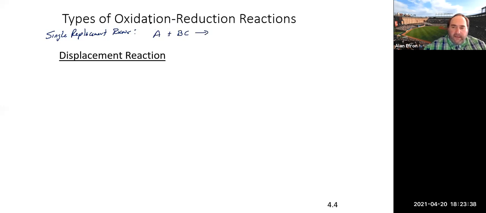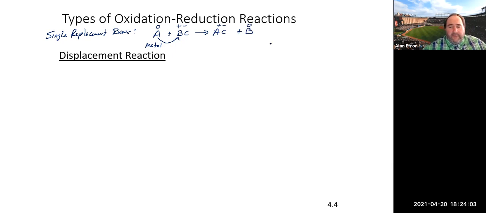And we talked about it a number of times, I think, in lab as well. This is something with no charge, but this is like an ionic compound. And if this happened to be a metal, it would come in and kick out the positive guy, and it would make a new ionic compound. And that positive guy would come out with no charge in this situation.